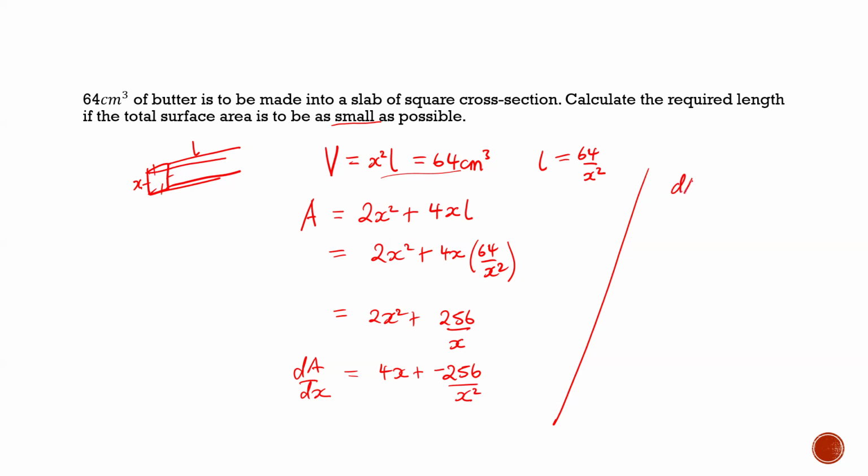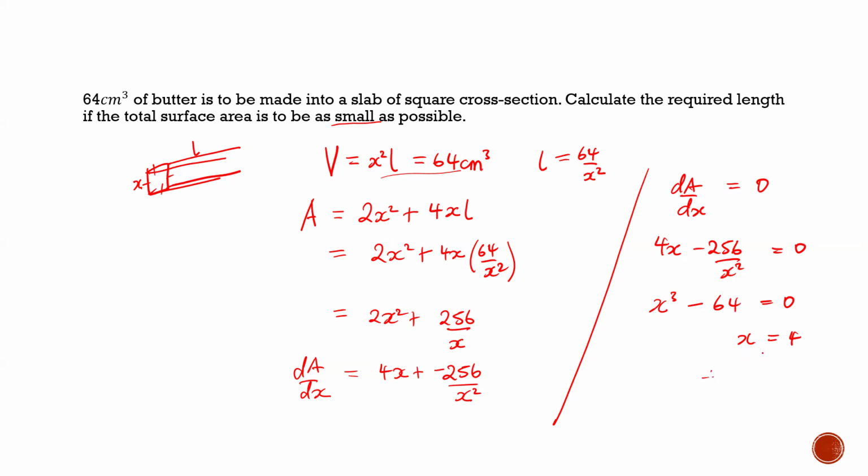So we will work out the value of x when dA/dx is 0. So we have 4x minus 256 out of x squared and equate it to 0. If you multiply all through by x squared and then divide by 4, you end up with x cubed minus 64 being equal to 0.